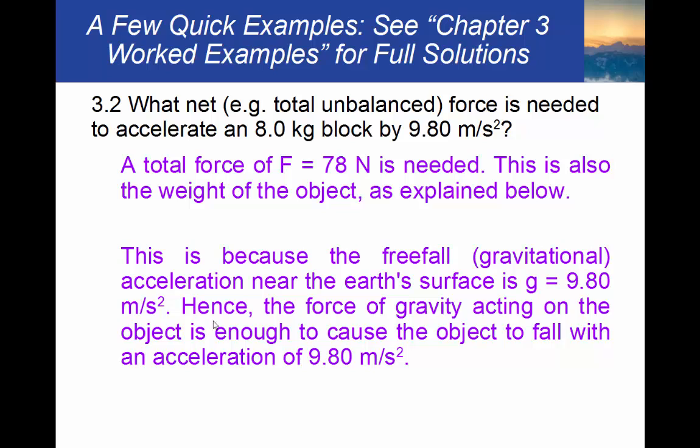So what that means is that if you have an object which is near the Earth's surface and you were to release that object so that it was in free fall, then the force of gravity from the Earth acting upon the object would give that object an acceleration of 9.8 meters per second squared. Hence, this force that we found, 78 newtons, is the weight of this 8.0 kilogram block, because the weight is just another way of saying the force of gravity applied by the planet, in this case by the Earth.